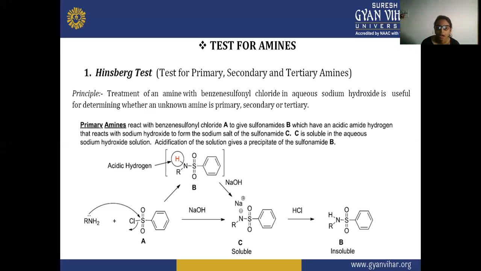Then the H from the amine is removed, and this lone pair gets attached to the sulfur, and there is a formation of a bond. That is, there is a formation of this sulfonamide, that is B, as the Cl is removed and the H is removed from the amine.